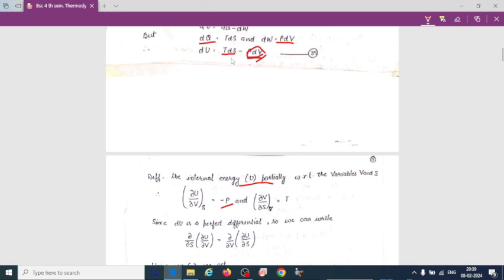If the entropy is constant, then dou U by dou V at constant entropy is equal to the negative of the pressure.